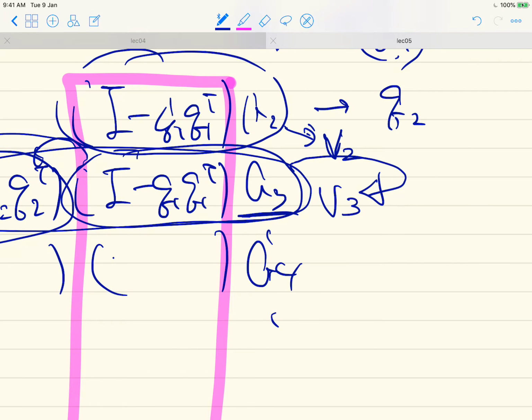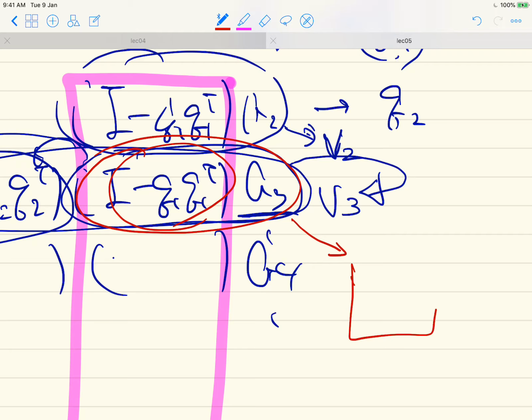For example, if we want to compute this, conceptually we form this complementary projector of this big matrix, and then we multiply A3 or maybe V2.